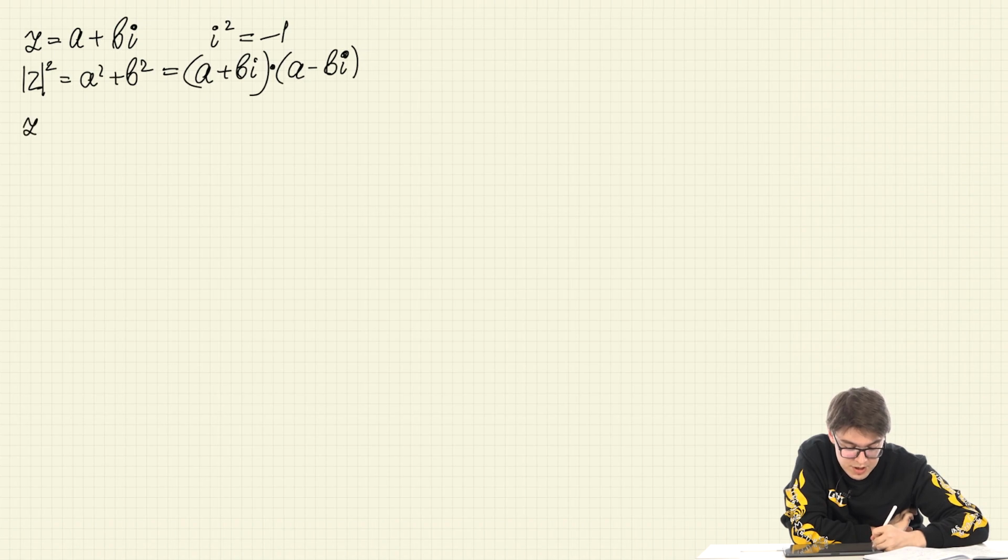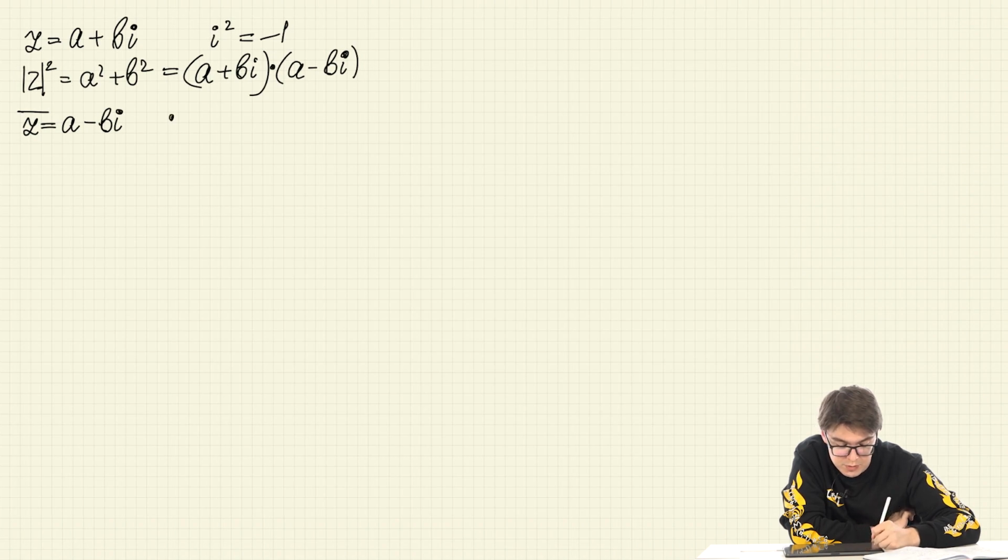The complex number defined like this is called the complex conjugate of z.